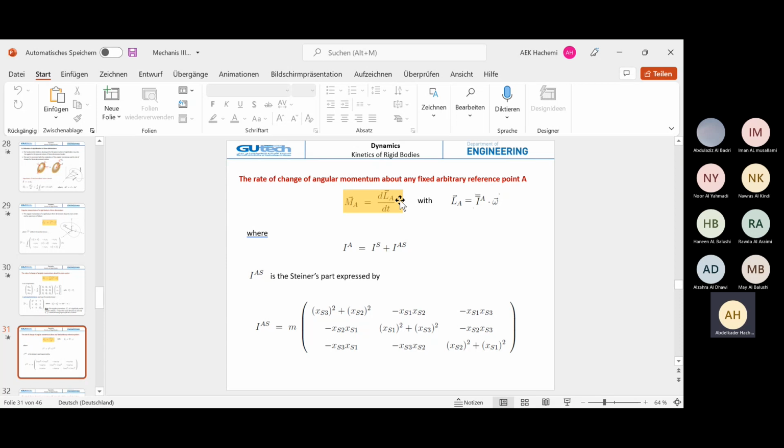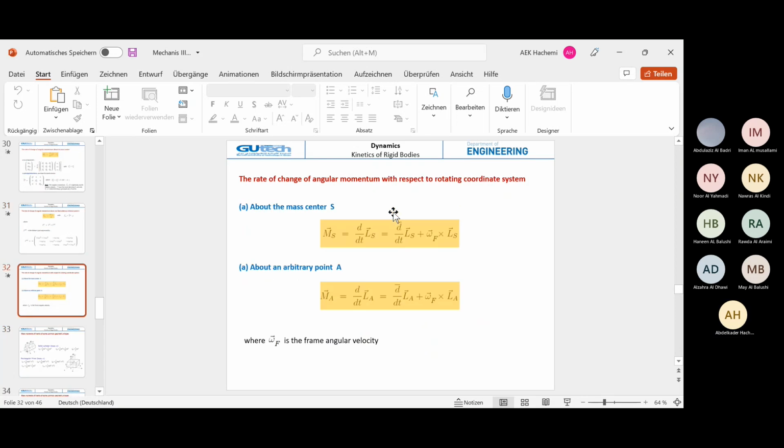And this is here where we have when we make the derivation, it's only omega cross L.